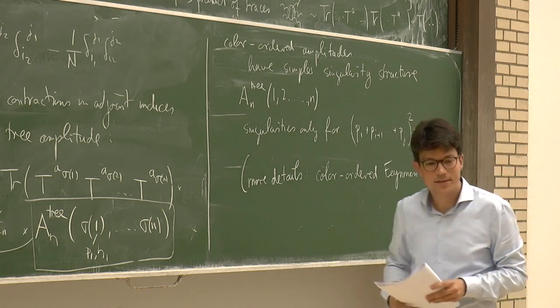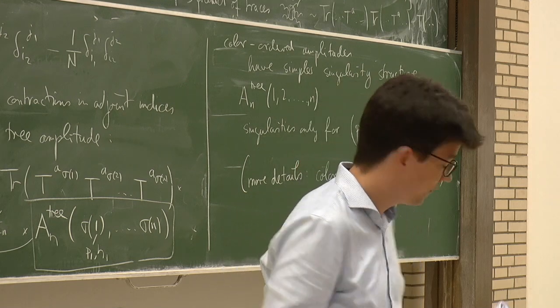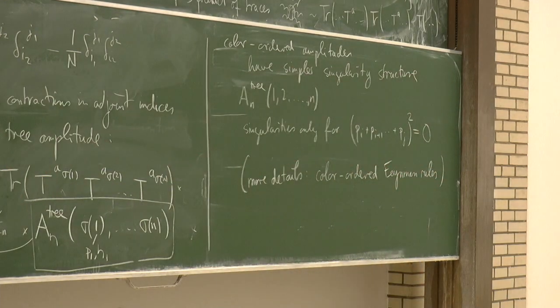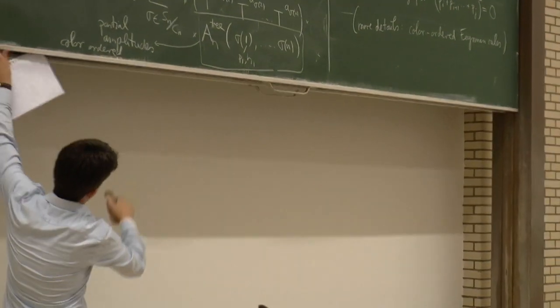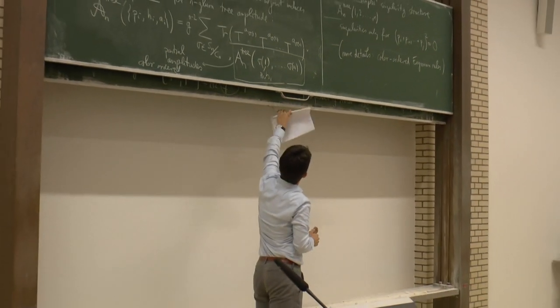All right. So then I'd like to continue with the recursion relations. These partial amplitudes are what we'd like to consider.